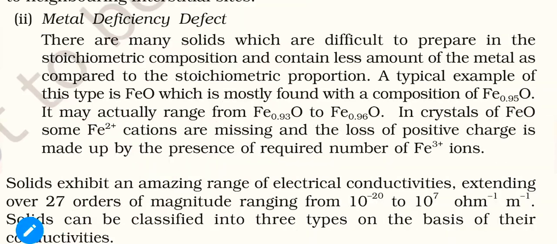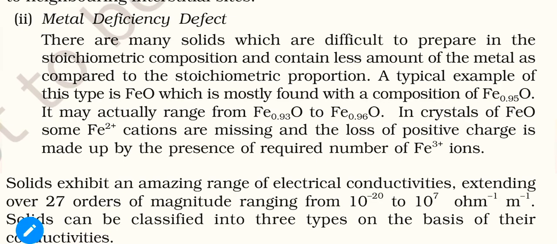Second point, metal deficiency defect. In this type of defect, the quantity of metal will be comparatively lower than the standard stoichiometric composition. Usually we have many such compounds which do not follow stoichiometry rules, that means stoichiometry is hard to maintain in certain compounds.